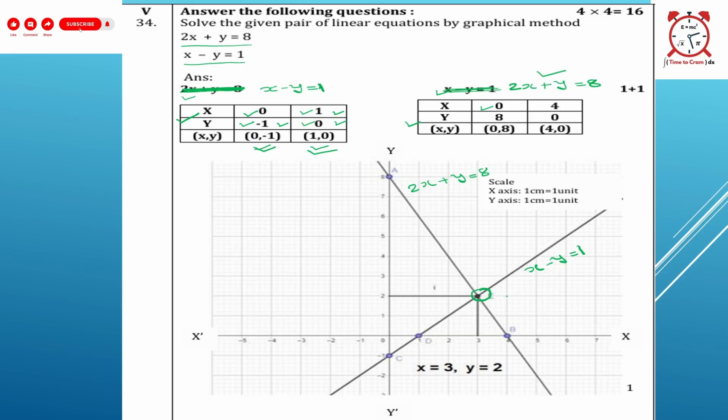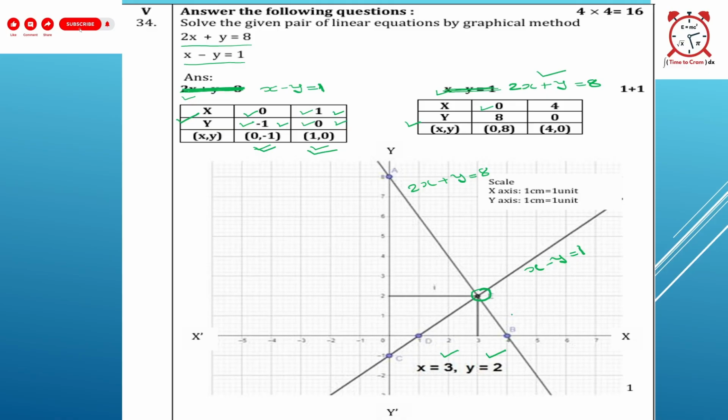So it is known as the solution of the given pair of linear equations, and it is very clear here that the coordinates of this point are x equal to 3 and y equal to 2. So this is the solution by graphical method. In that way we have to make the graph of a given pair of linear equations in the board exam.